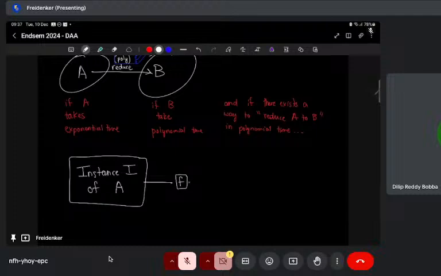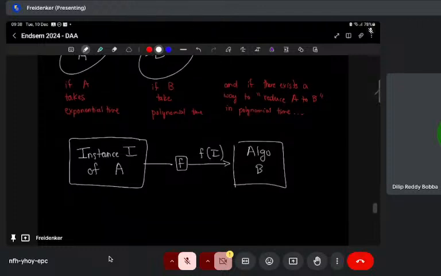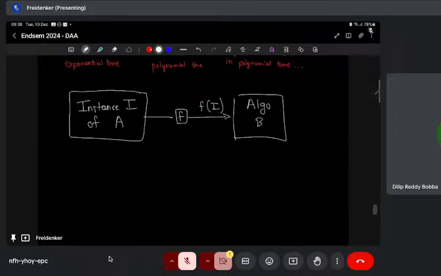So it's f of I now. I is a graph at this point. f of I is a number now. So what does f do? f converts the input of A to input of B. So f is doing pre-processing at this point. After you convert it into the form of the input of algorithm B, now you can give the input to algorithm B. Now algorithm B is going to process it. So this is pre-processing.